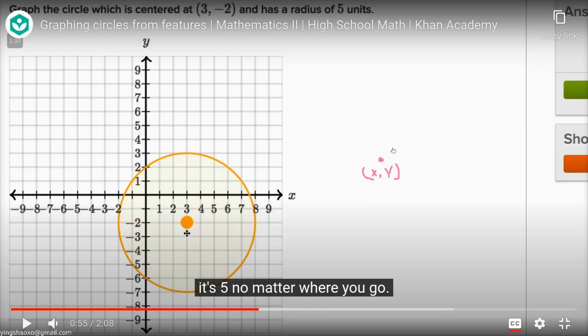This is the coordinate of that center point. Then to define a circle, you also have to define the length, which represents the distance from the center point to the circle itself. You have to define this distance.